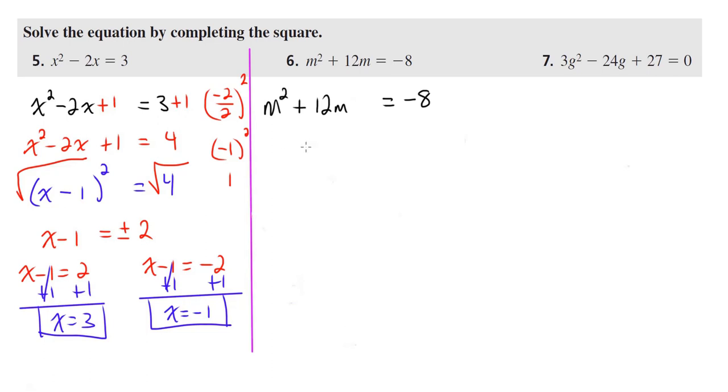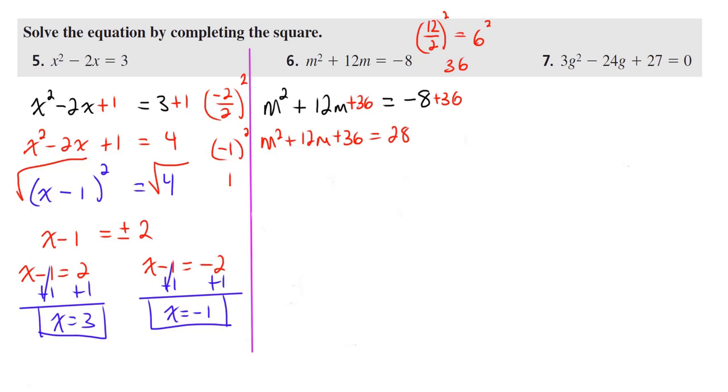All right, now for number 6, let's take our b value 12. We're going to divide that by 2 and then square it. 12 divided by 2 is 6, and 6 squared is 36. So we're going to add 36 to both sides here, giving us the equation m squared plus 12m plus 36 equals 28.